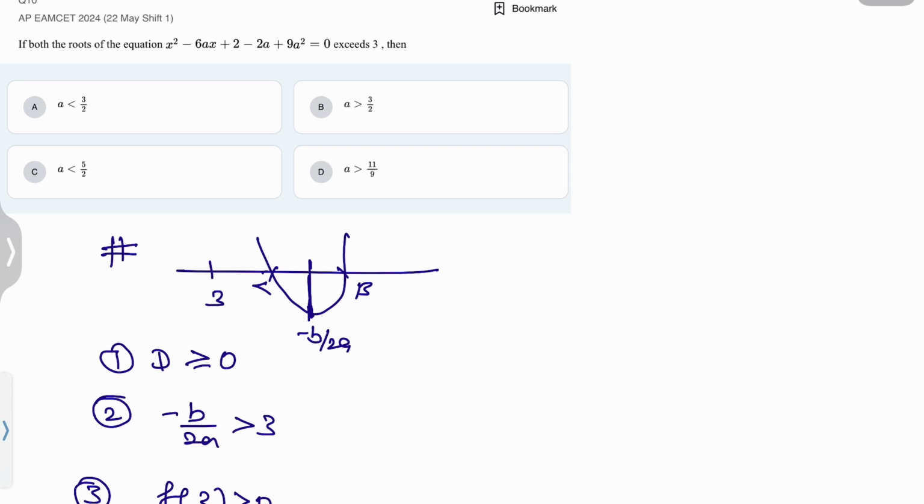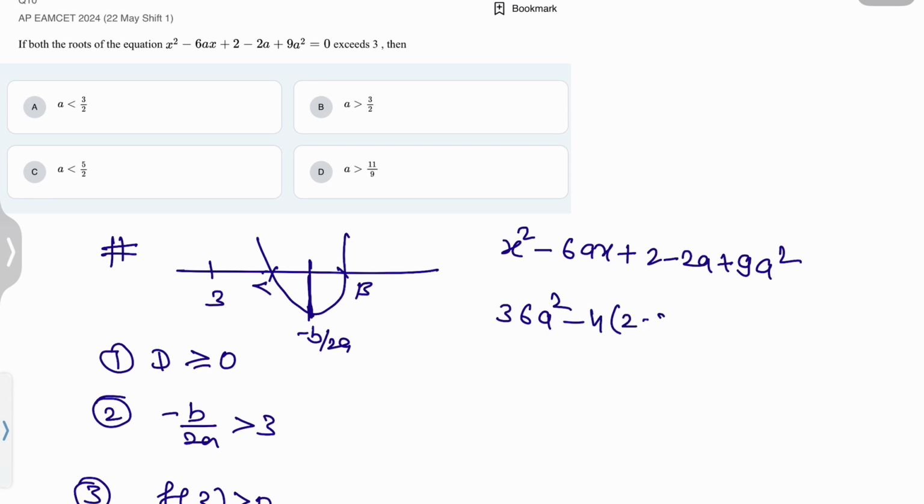Okay, check firstly D. The equation is x^2 - 6ax + 2 - 2a + 9a^2. Firstly check the D. So D is 36a^2 minus 4 times (2 - 2a + 9a^2), which is greater than or equal to 0.